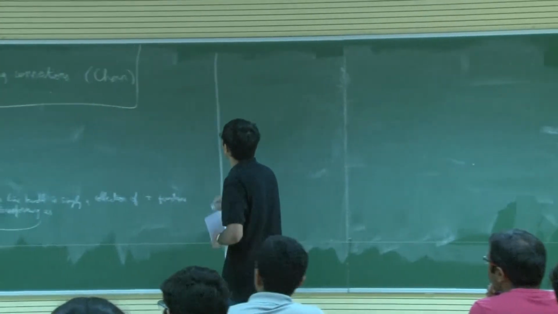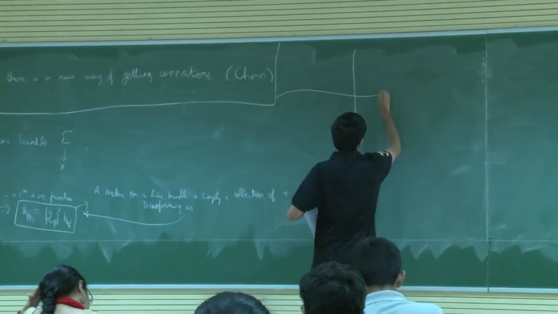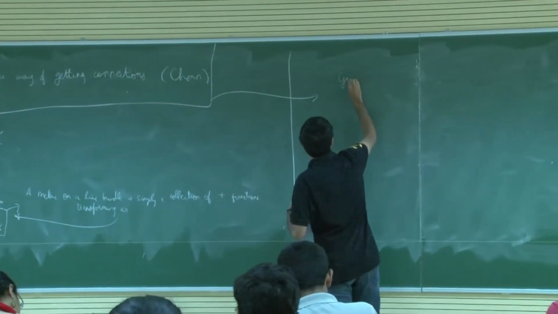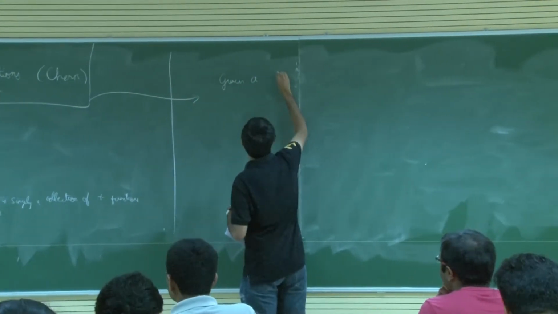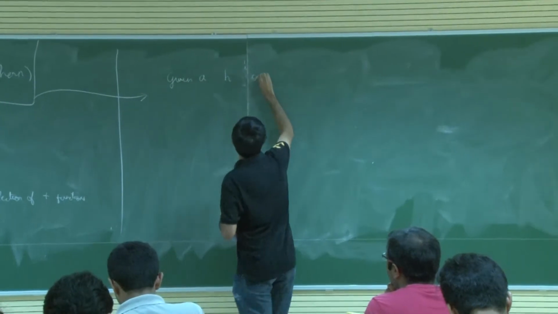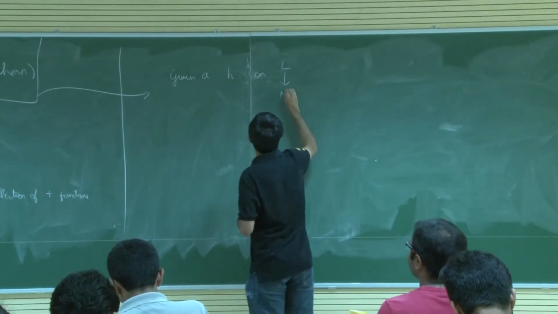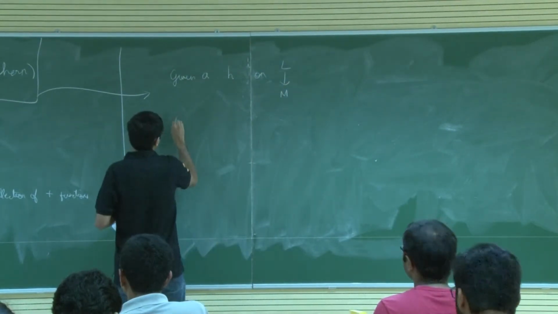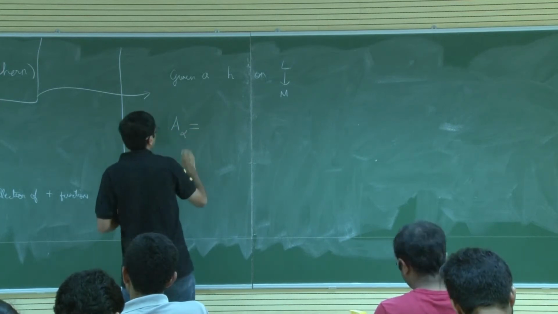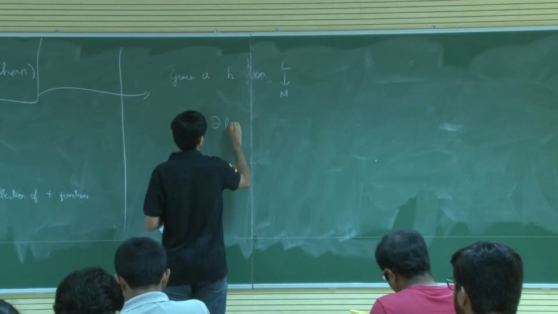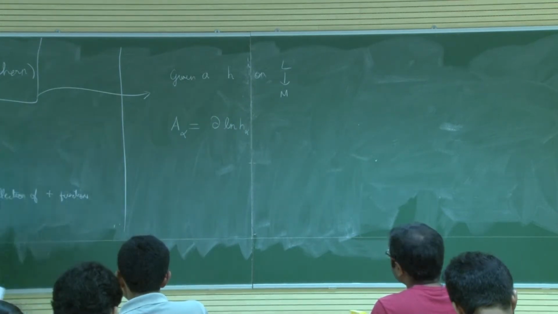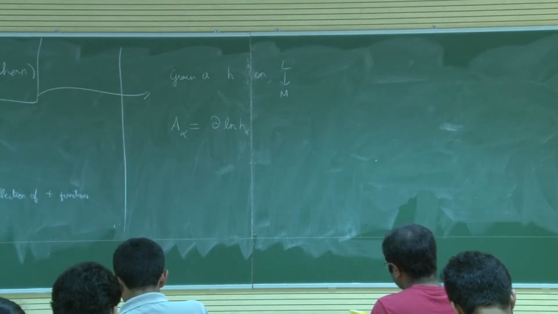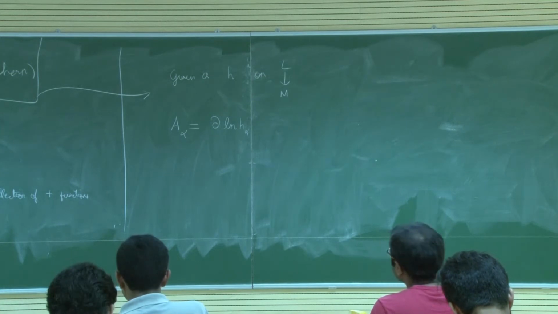Now we have this very nice way of constructing a connection. Given a Hermitian metric h on L over N, define A alpha according to this formula. So what does this mean? Let's pause to see what I'm talking about.